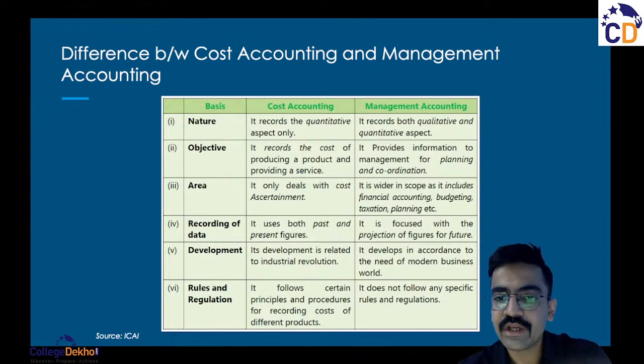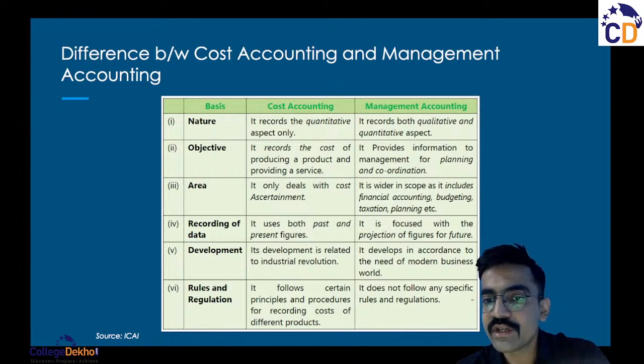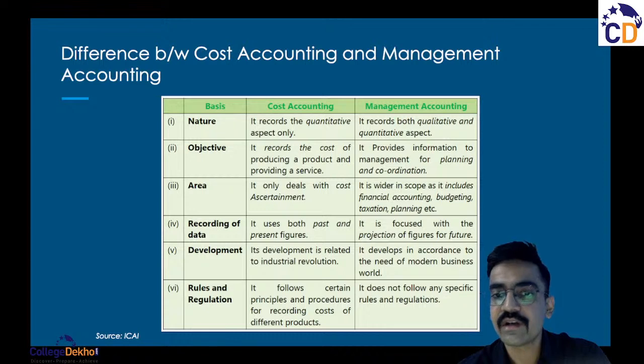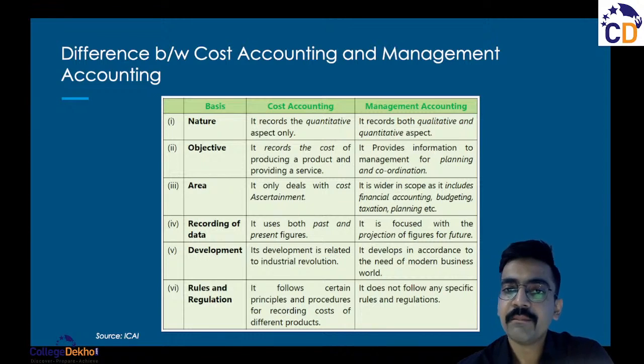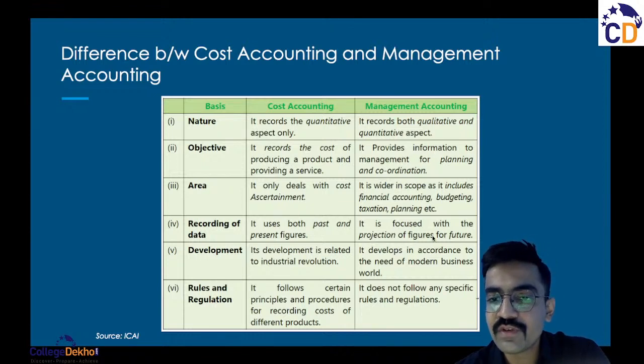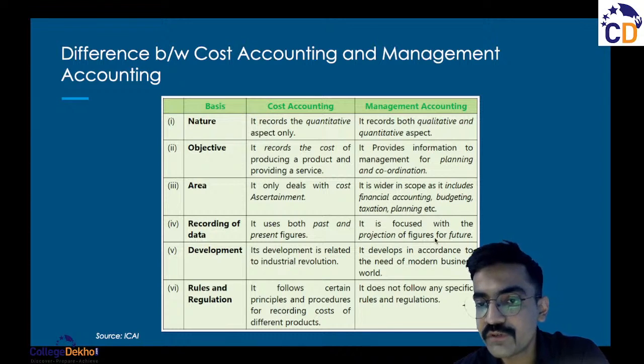While management accounting, since we are talking about the planning process, the budgeting process, where budgets are allocated to different types of financial items, to different types of expenditures that are expected to be incurred by the company. And since all of these financial aspects are in the future, which is about to come, management accounting is always focused on the projection of figures for the future.